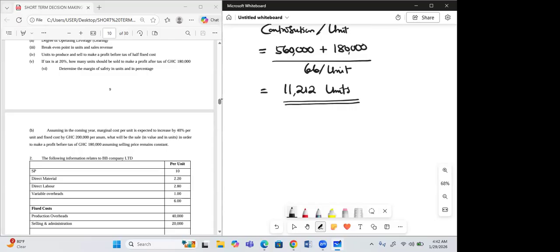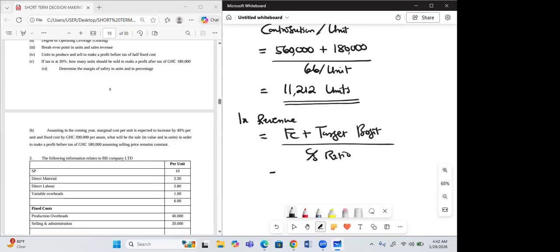If you want it in value, in revenue, we say what? Fixed cost plus the target profit over the contribution to sales ratio. And so that is 560,000 plus 180,000 over the C/S ratio, which is the contribution over 150.